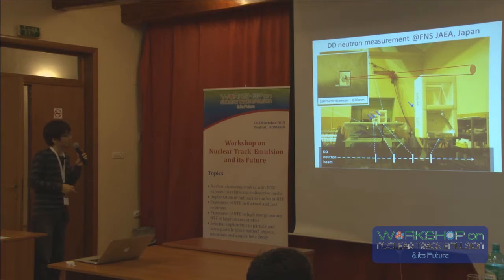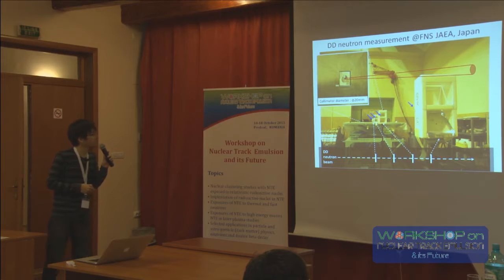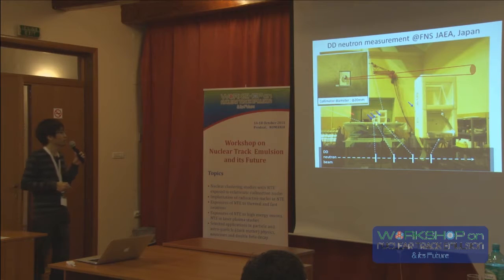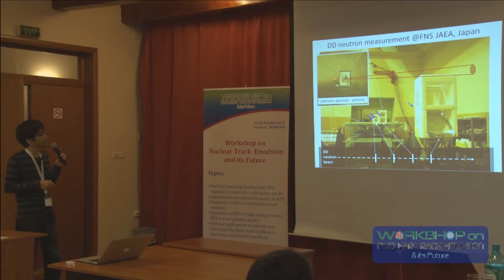Next, we are conducting DT neutron measurement at FNS, the Fusion Neutron Source, at JAEA in Japan. This is a collimator beamline. The DT neutron source is at the back of this collimator, and the collimated beam spreads like this picture.